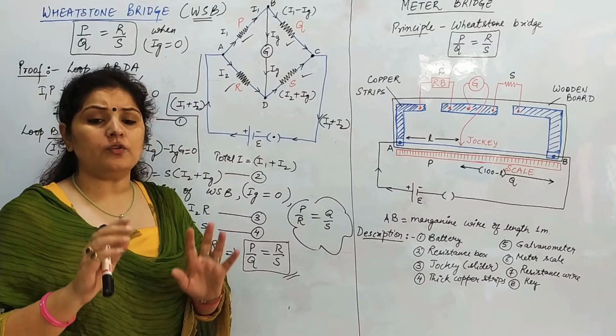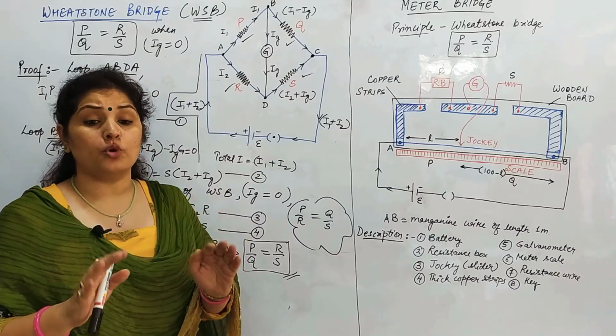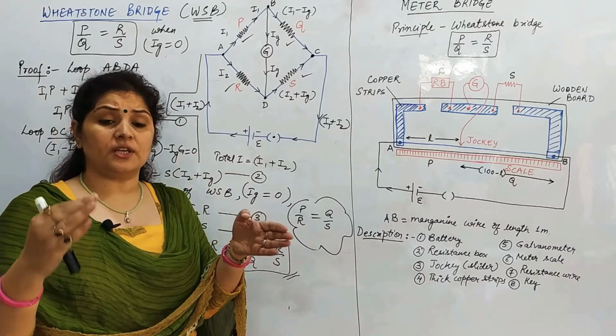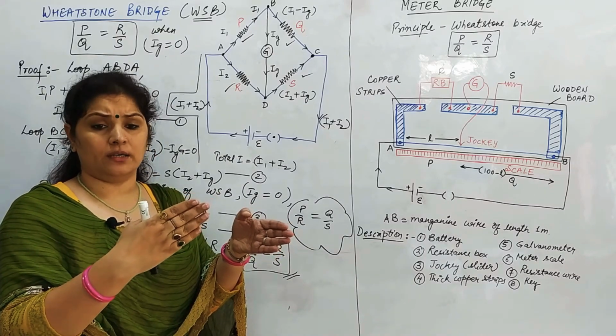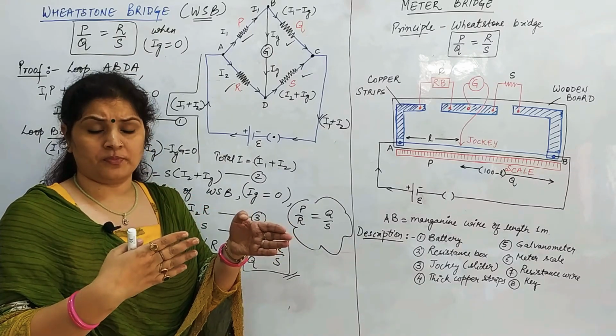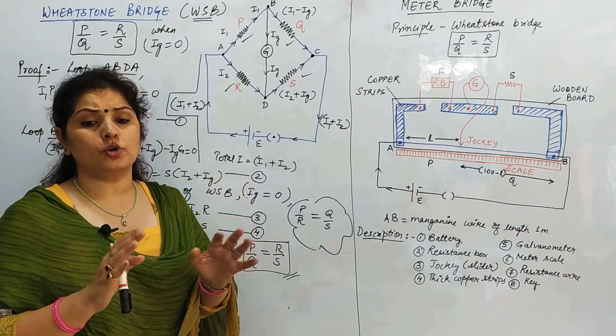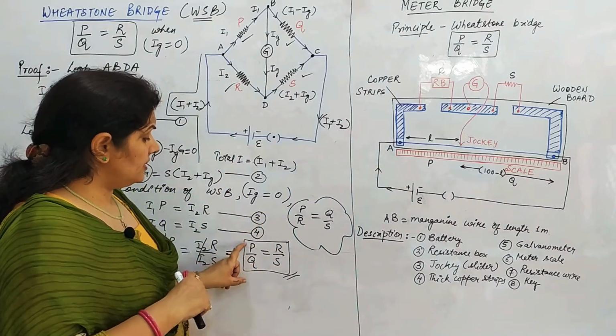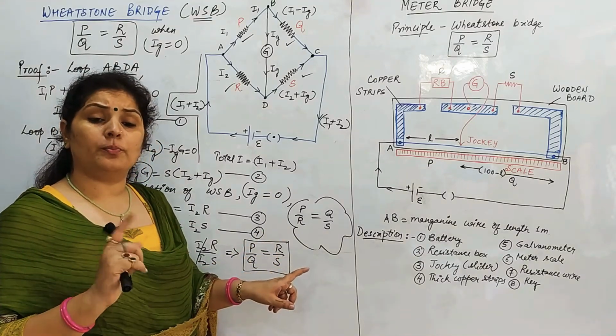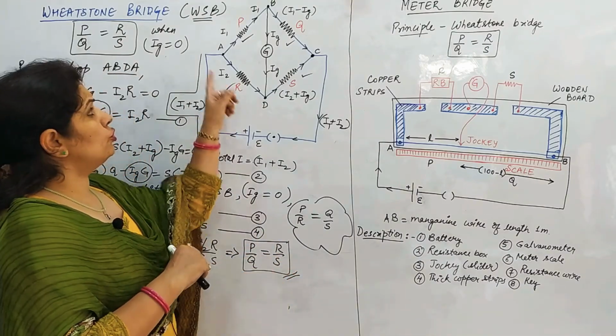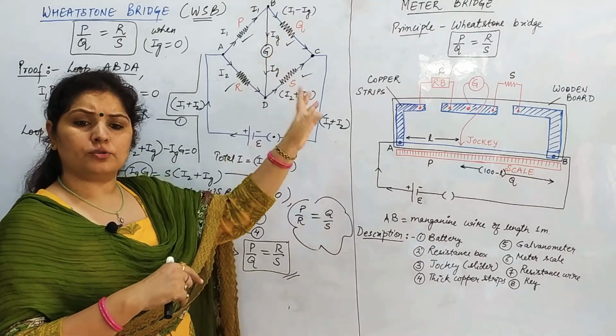And there is a condition for making the Wheatstone bridge most sensitive. The Wheatstone bridge will be so sensitive that if you pass even a little current, it will show deflection, right? So the condition for the most sensitive Wheatstone bridge is that all 4 resistances should be of the same order. Suppose 2, 2, 2, 2, then 2 by 2 is equal to 2 by 2.